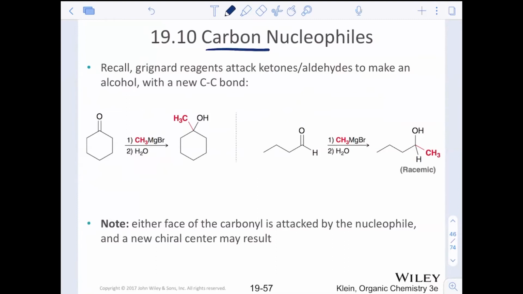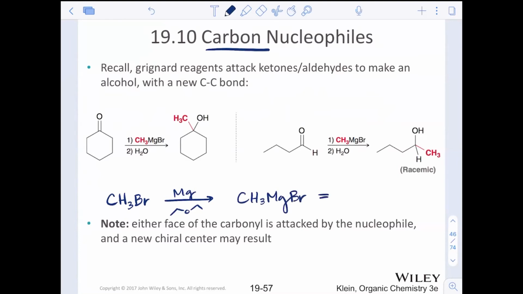Essentially, if you have an alkyl halide, which we do know how to make, right? You can take methane and react it with Br2 with heat or light in a radical halogenation reaction. If you react it with magnesium with diethyl ether as a solvent, you can actually get an exchange of electrons to form a Grignard reagent.